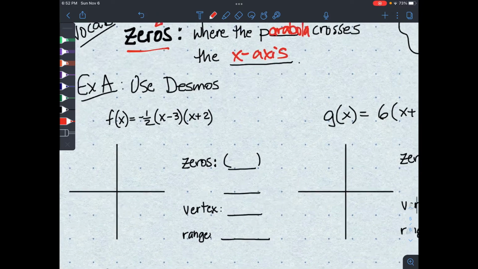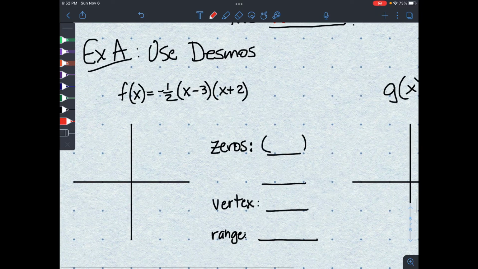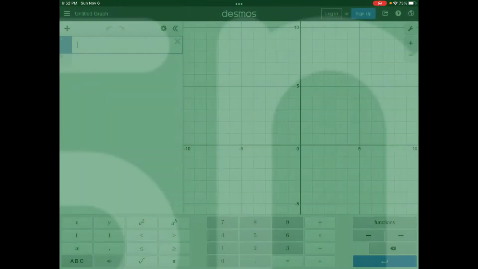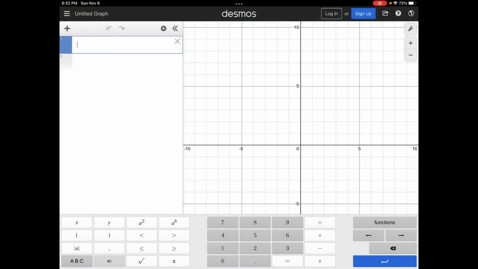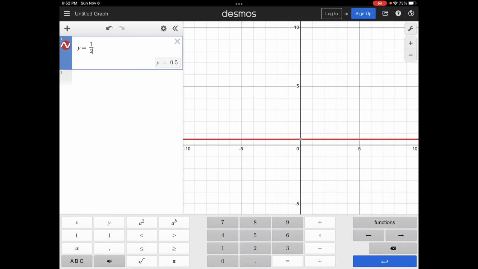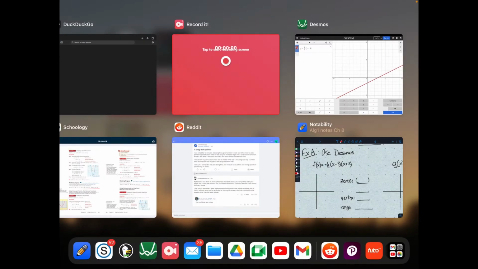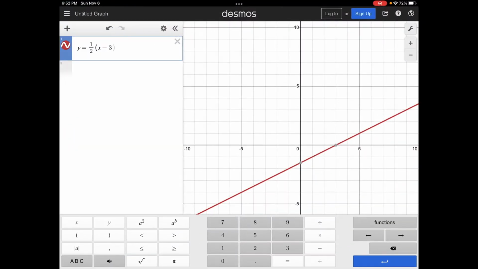All right, so use Desmos to graph 1/2 times x minus 3 times x plus 2. So go over to your Desmos app, and we'll type that in. Y equals 1/2 times parentheses x minus 3. Is that what I said? Yep. And x plus 2.